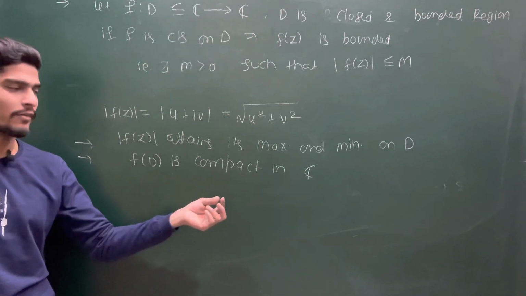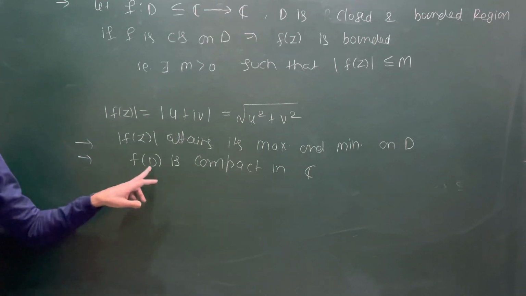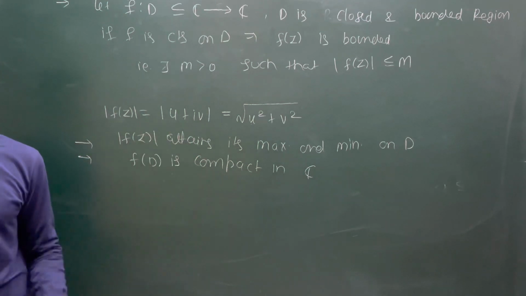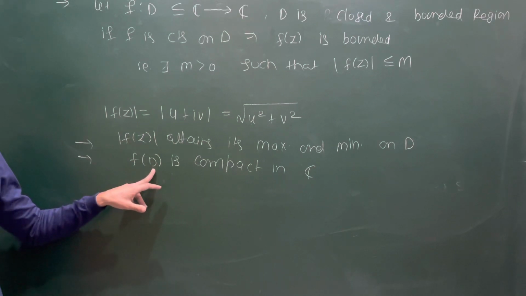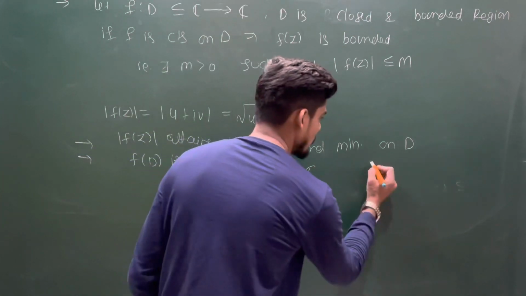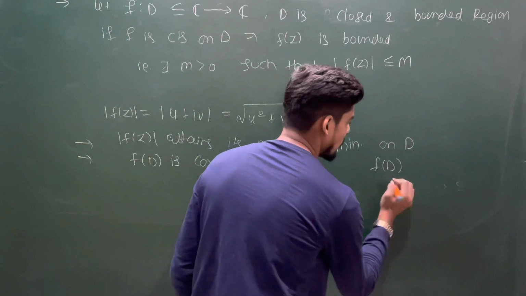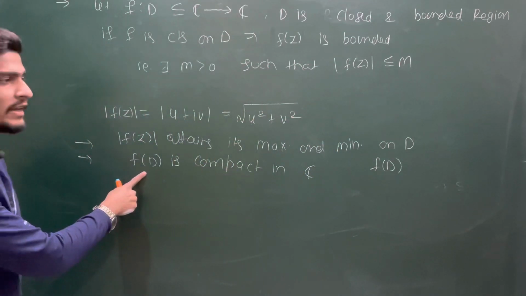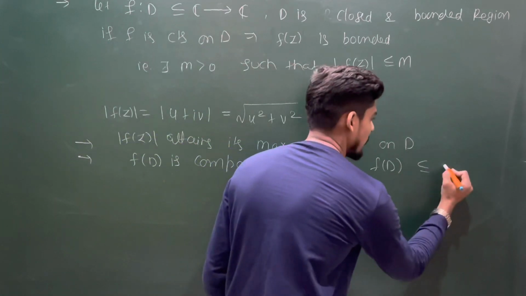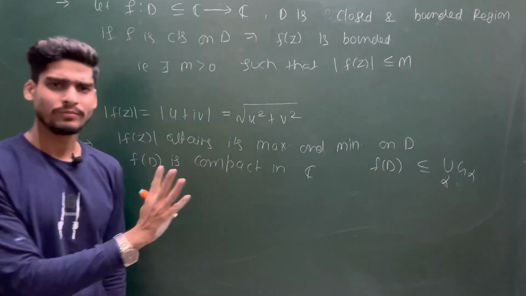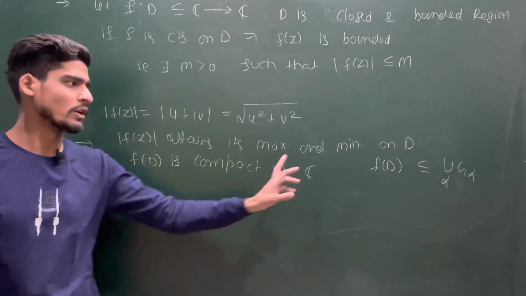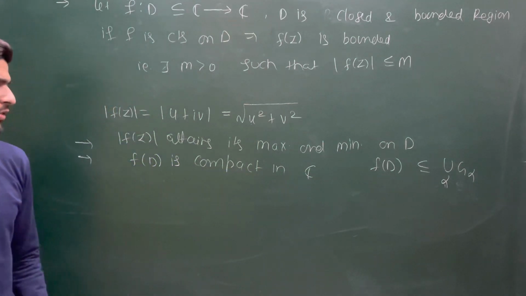So you take any open cover of this f(D) and try to find a finite subcover of that by using the property that your D is compact. Suppose you are choosing an open cover of f(D), that means this can be covered by the union of G alpha, where alpha is varying over some arbitrary family. So you have to construct some finite subcover of this.